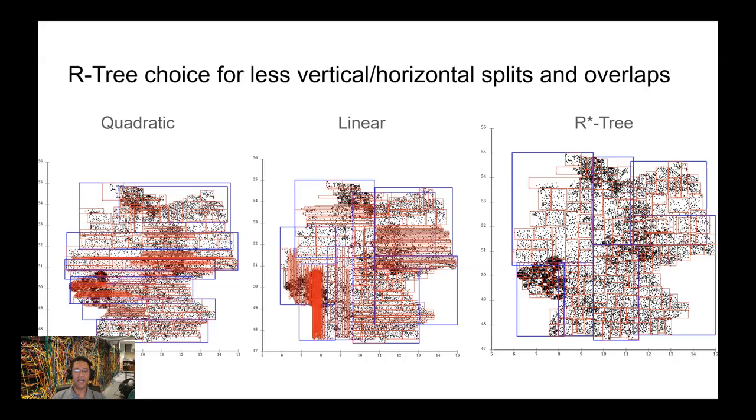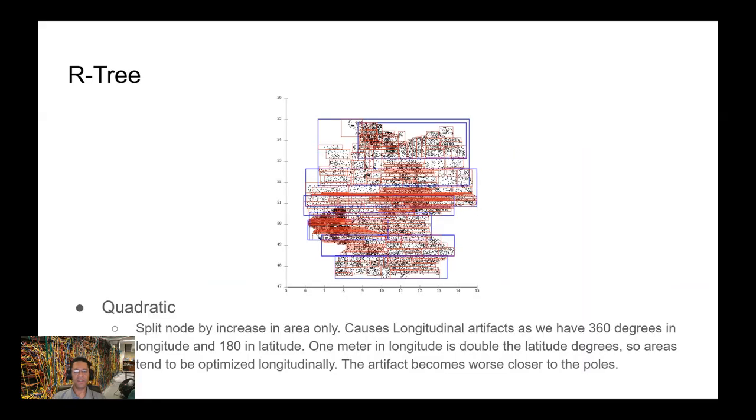There are usually three different types of insertion and splitting: quadratic, linear, and R*. And we're going to look at those. The quadratic has these artifacts which are longitudinal, very long, very thin. The reason is that you have 360 degrees for longitude and 180 degrees for latitude.